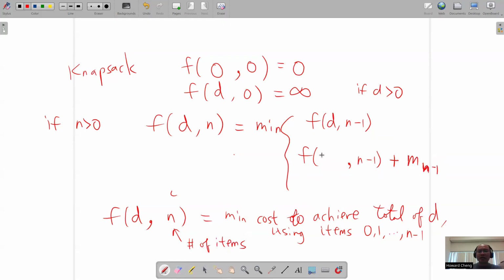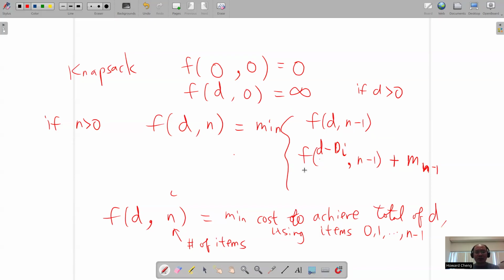But now, because I've used that item, I will need to make up something. I can make up a total that's less by that much. Of course, this has to be non-negative, right? If you try to make 4 delegates and the d_i is 10, then you can't use that item. Okay, so you have to be a little bit careful if it's done this way. But that's basically it.